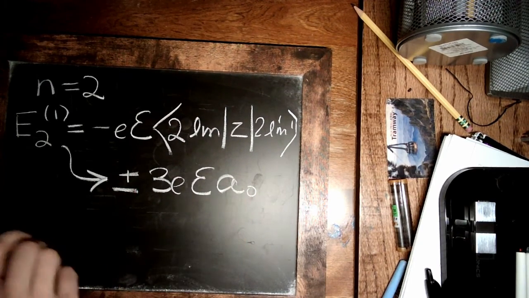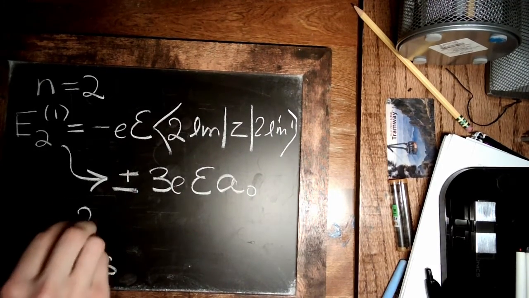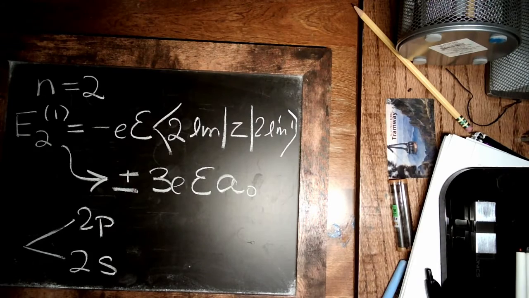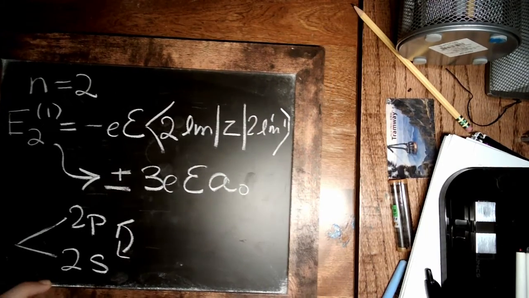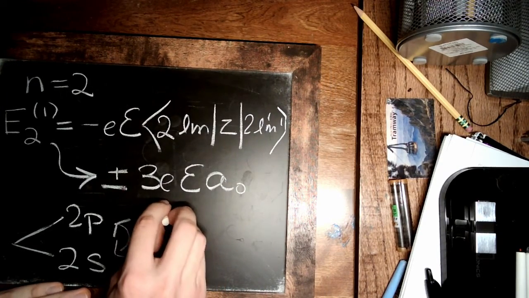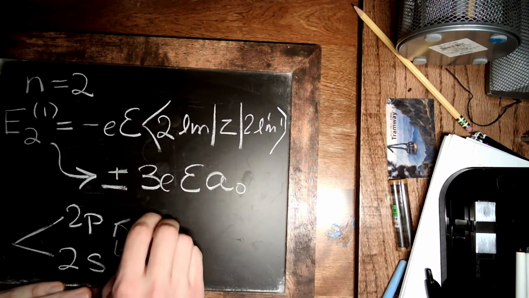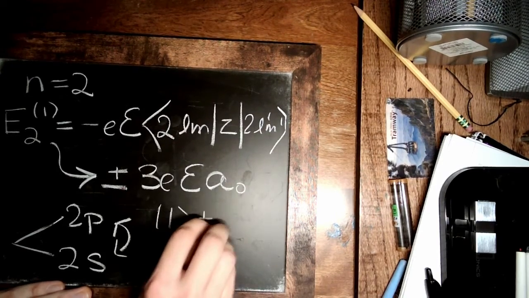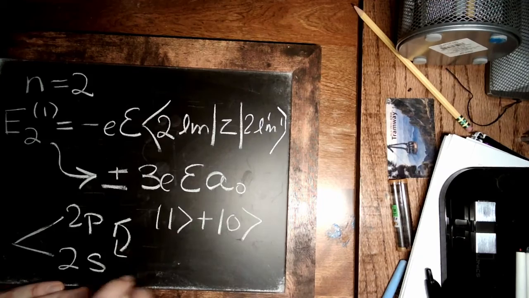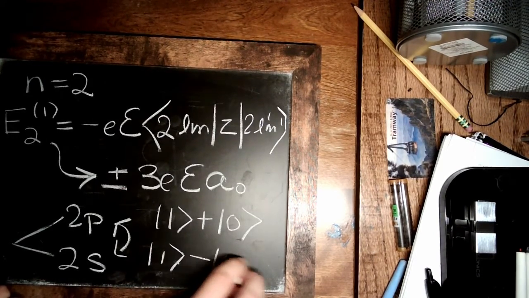Well, you might think that it splits nicely into the 2s and 2p orbitals. But that's not the case. What we actually have is a mixing of both of these states. So the higher energy is a combination of the L equals 1 state plus the L equals 0 state, and the lower energy is the L equals 1 state minus the L equals 0 state.